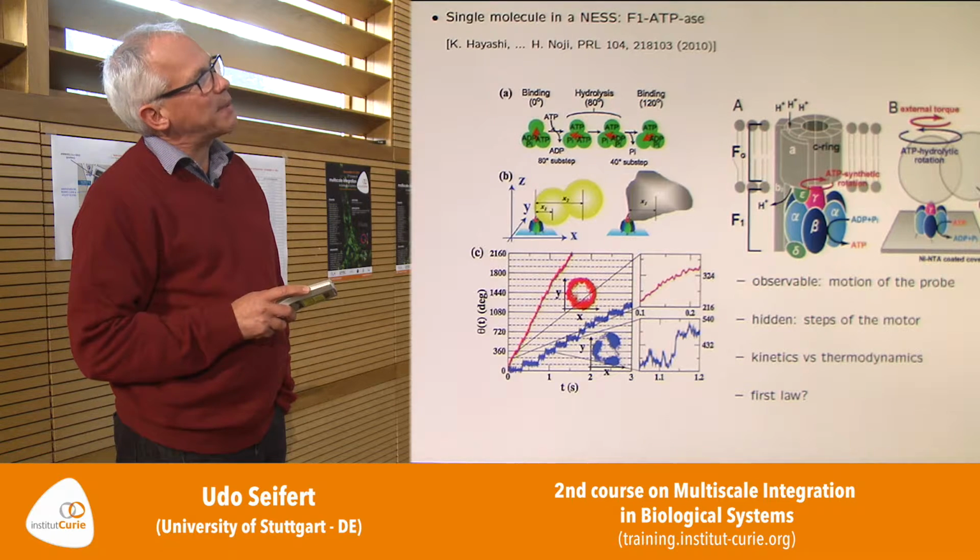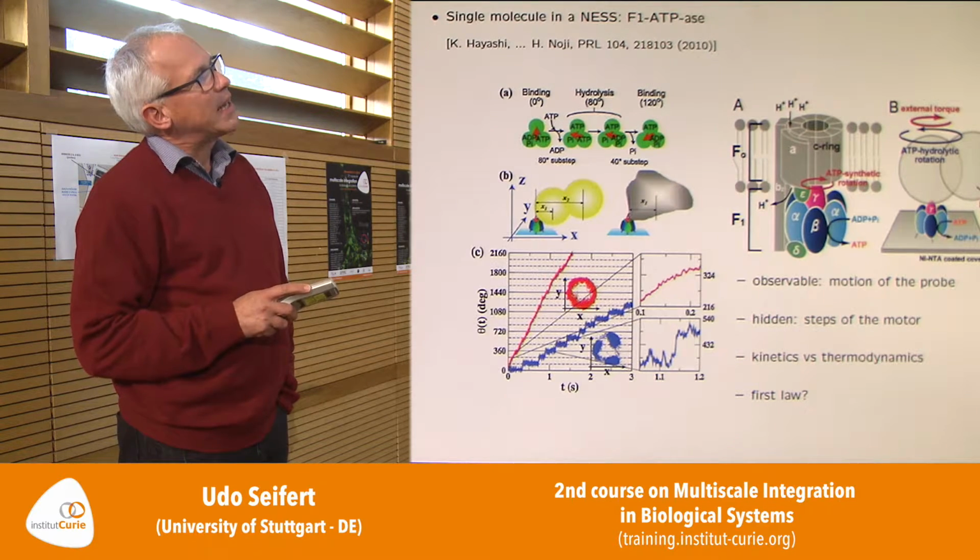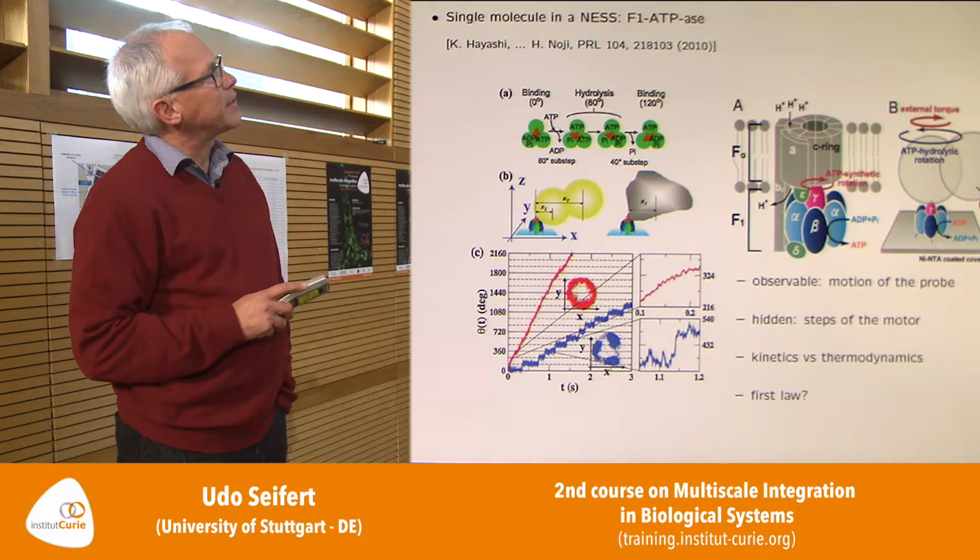What precisely happens is that this purple subunit gamma changes 120 degrees with each hydrolysis event. Of course, you can't see that single part of that molecule, so what you do experimentally, you attach big beads to it, and then when this gamma turns around 120 degrees, this big thing turns around 120 degrees, and this you can measure optically.